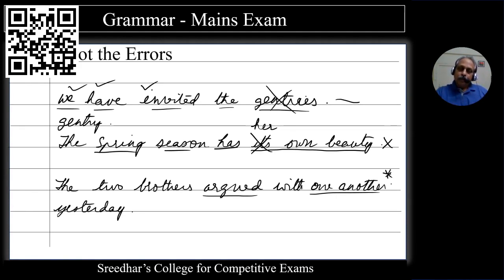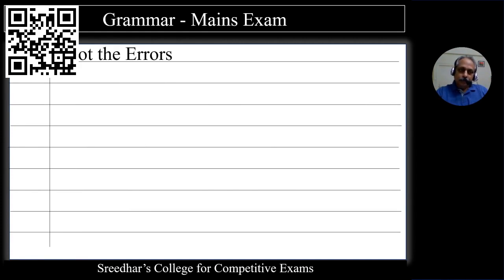When we talk about two things or two persons, we use each other. When we talk about more than two, we use one another. Here, the sentence talks about two brothers. Then the sentence is wrong. Why is it wrong? We cannot say one another, we have to say each other. The two brothers argued with each other yesterday. That is a correct sentence.